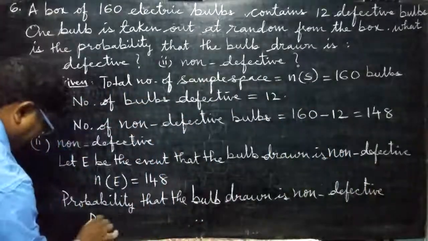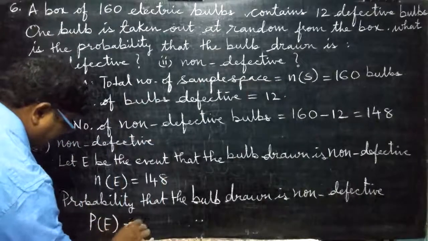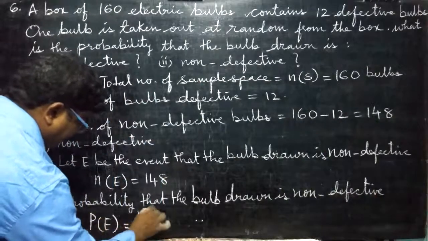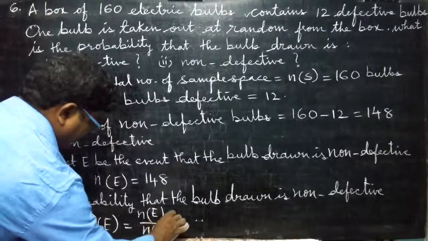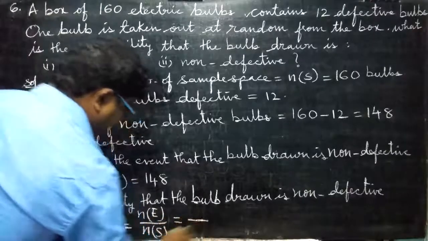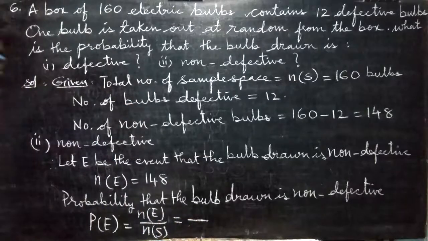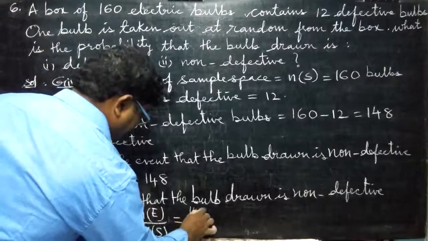P of E is equal to N of E by N of S. N of E how much? 148.